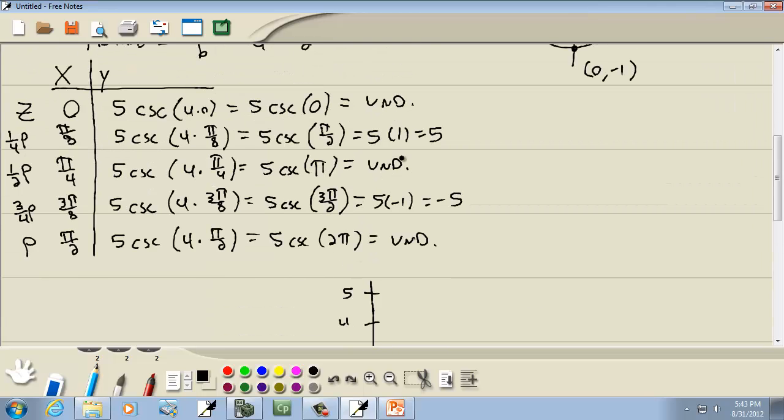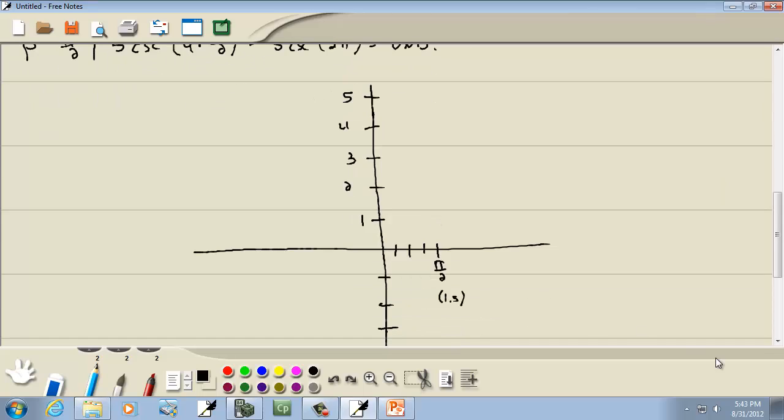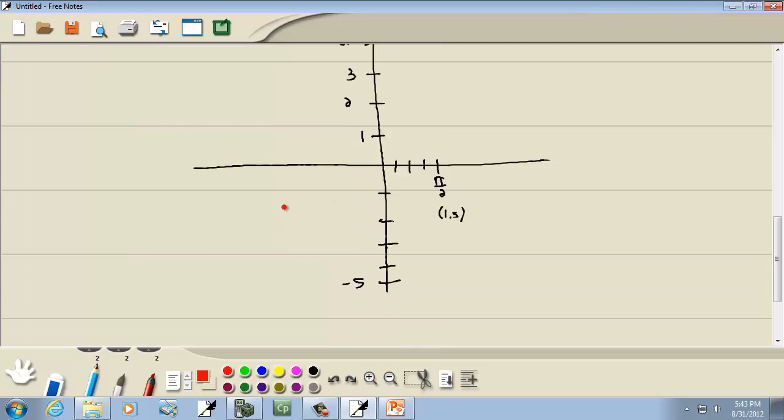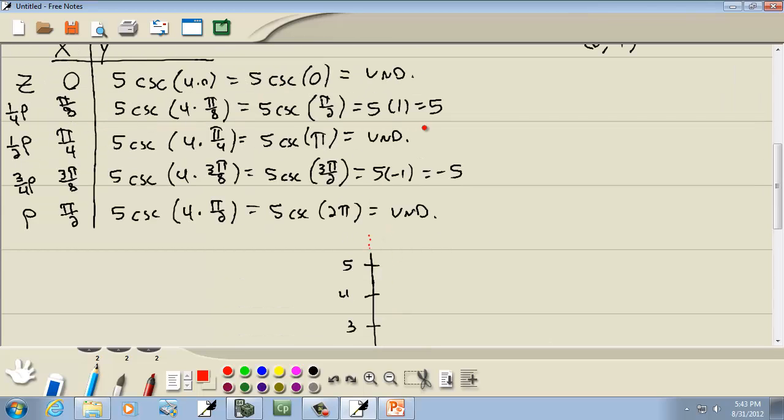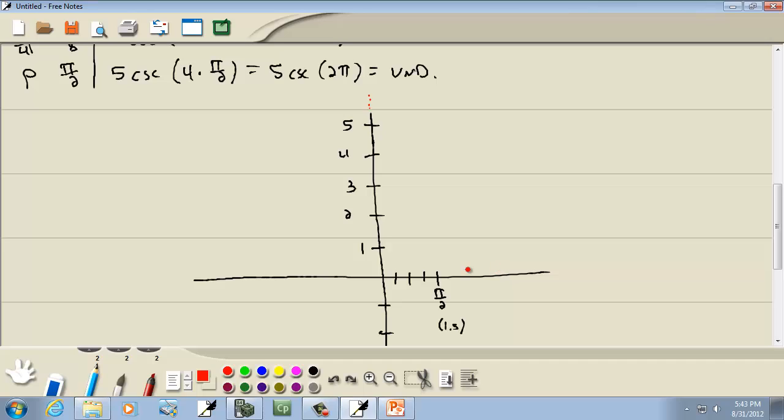Okay, at 0 it's undefined. So right here is undefined. It means it's a vertical asymptote. At pi over 8, it's equal to 5. So here's this one was pi over 8, and it's equal to 5.